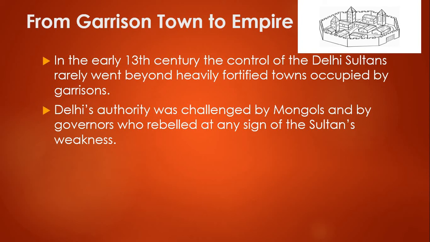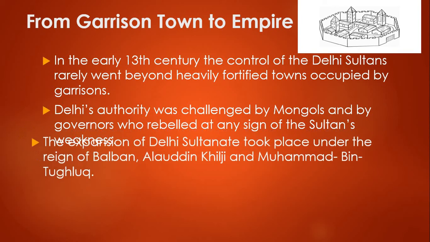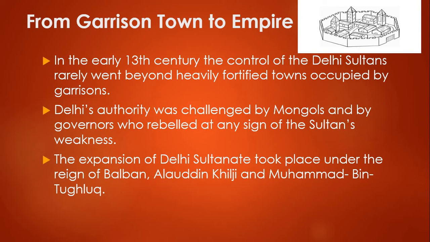Delhi's authority was challenged by Mongols and by governors who rebelled at any sign of the Sultan's weakness. The expansion of the Delhi Sultanate took place under the reign of Balban, Alauddin Khalji, and Muhammad bin Tughlaq.